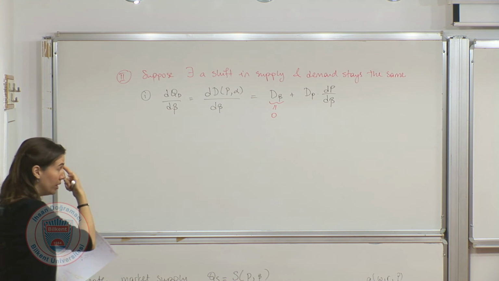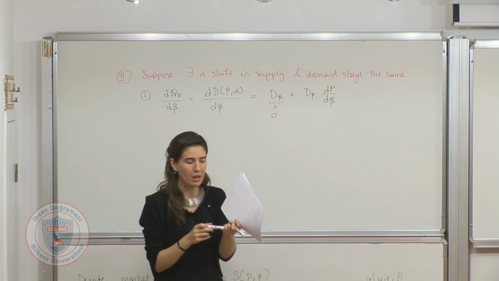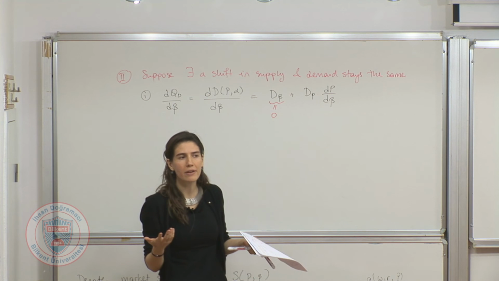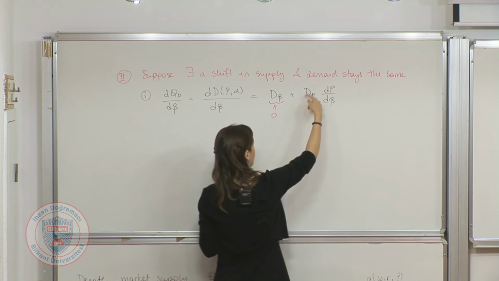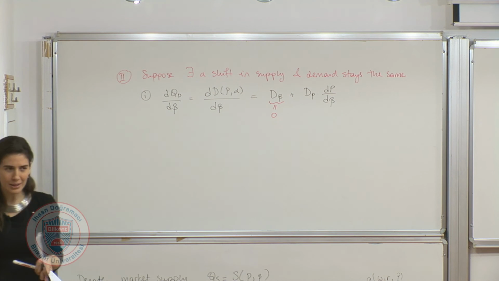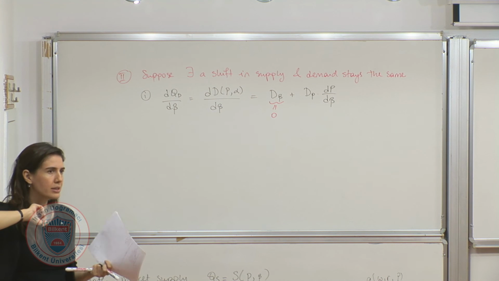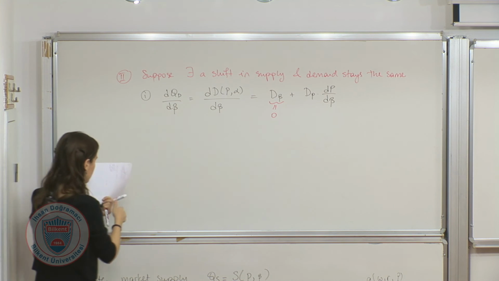Suppose this is the change in the number of suppliers. It's not going to affect my demand. But it's going to affect how much I demand, the quantity demanded, if it changes the market clearing price, the equilibrium price. That's basically the case.